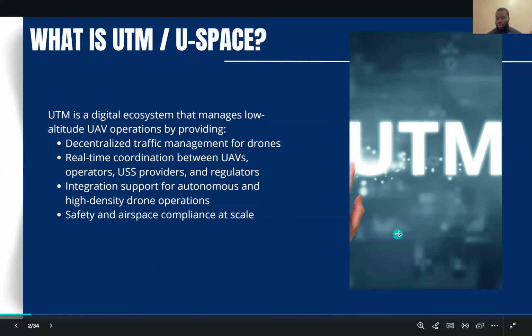UTM is built around a few major goals. The first one is safety, making sure that drones don't collide with each other and preventing unauthorized flights. The second one is accountability, making sure that only authorized operators can access the airspace. And the third is security. It basically means protecting the system from spoofing, impersonation, and also replay attacks.